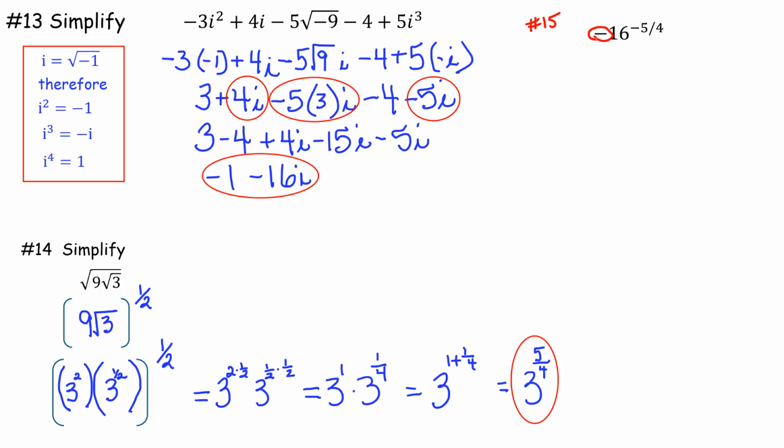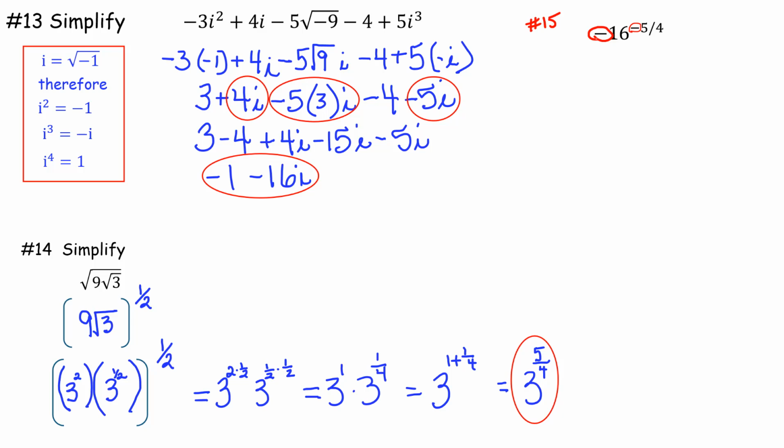And just make sure it's there when we finish. All right, so first of all, we see that the exponent here is negative, which means we need to take the reciprocal of our base. So 1 over 16 to the positive 5/4. Notice once again that the negative sign in the exponent does not have anything to do with the negative sign in front of the 16. They don't affect each other in any way.